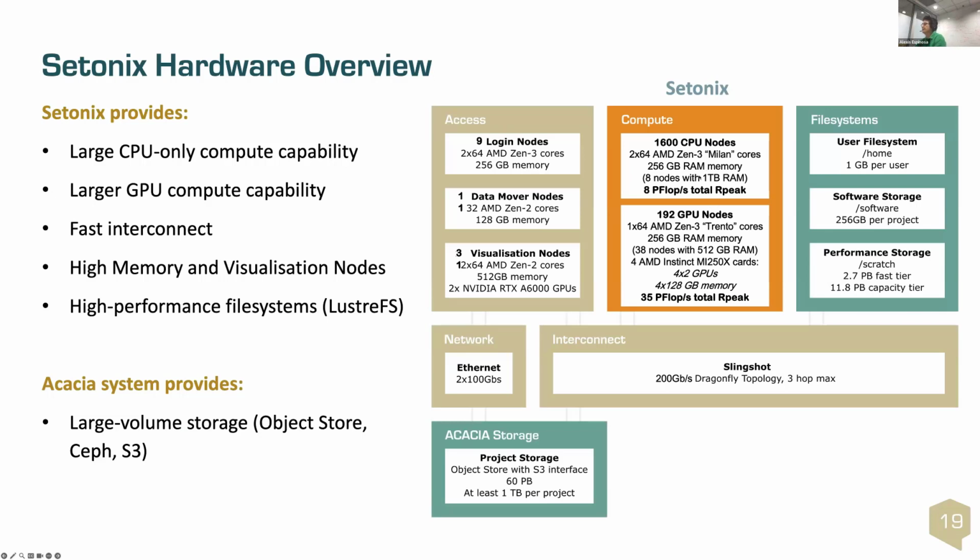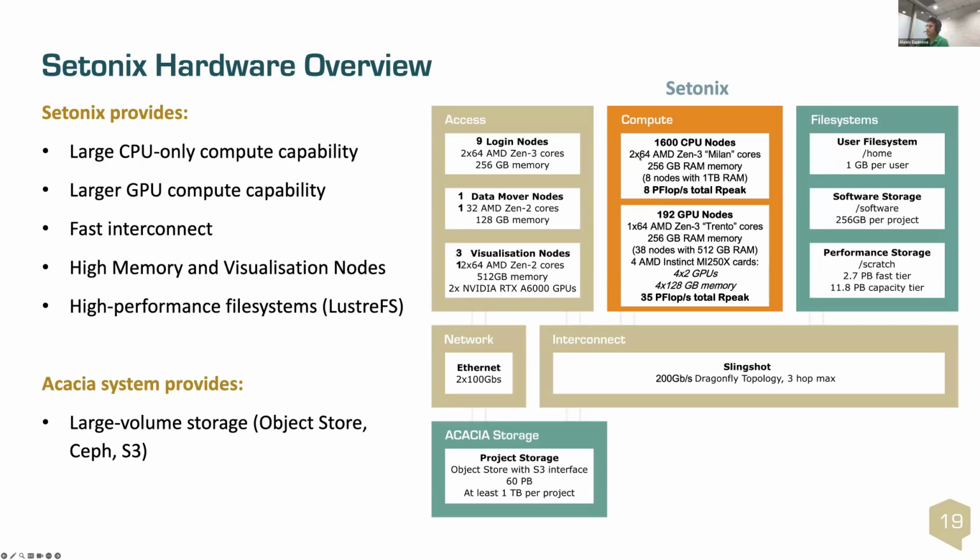Okay, so Setonix, what we have for Setonix, this is the most important part of Setonix. We have 1600 CPU nodes. Each of the CPU nodes has 2 AMD chips, Zen 3 Milan. Each of the chips has 64 cores.